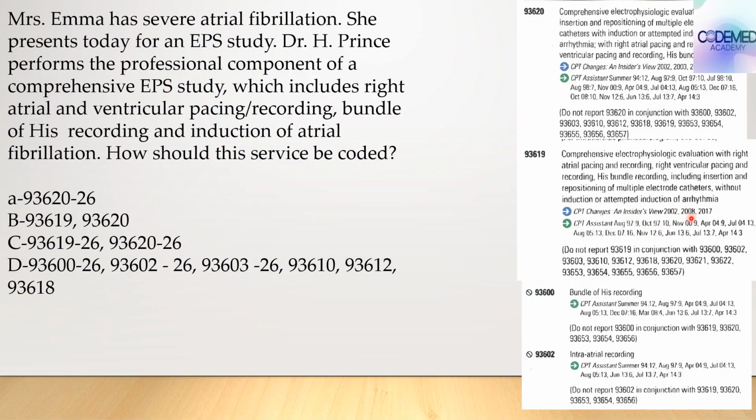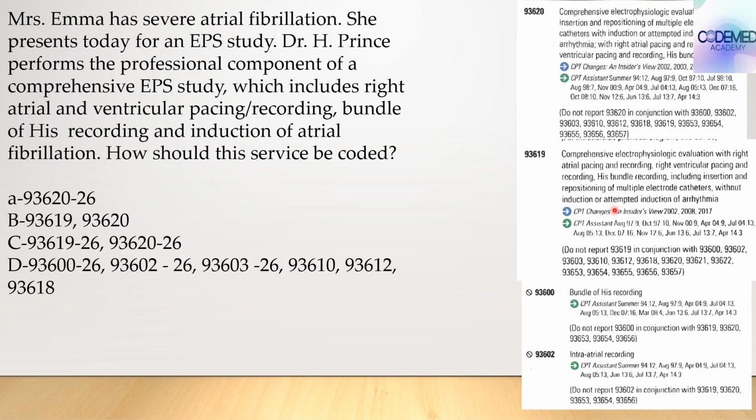So that's the only difference. In our patient, there was an attempted induction of the atrial fibrillation. So between 619 and 620, we will go for the code 620.